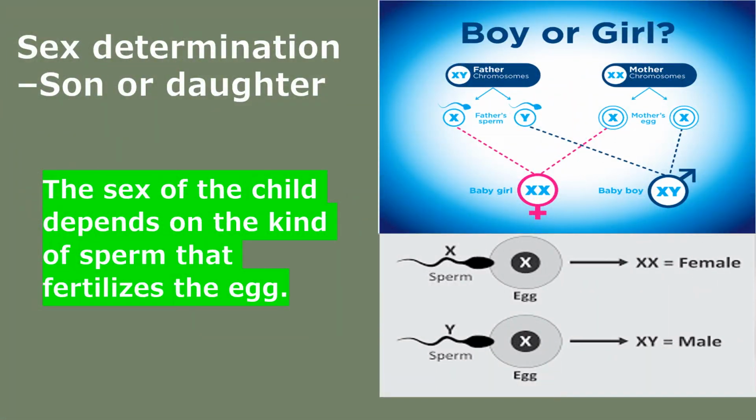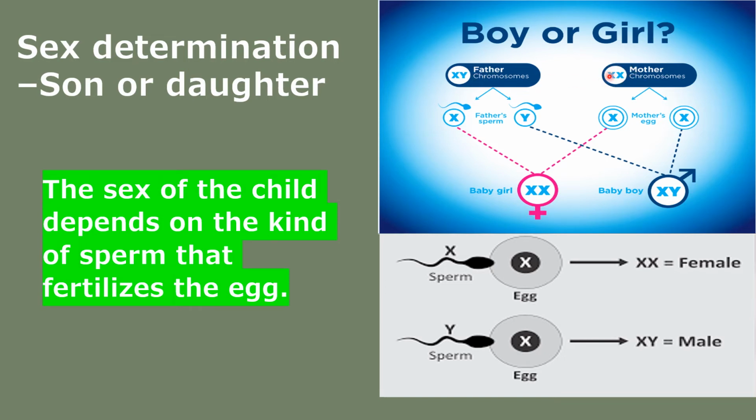Sex determination, son or daughter. What is the scientific reason behind whether a child is a son or daughter? The sex of the child depends on the kind of sperm that fertilizes the egg. Here you can see X and Y chromosomes, that is the sex chromosomes of the father.